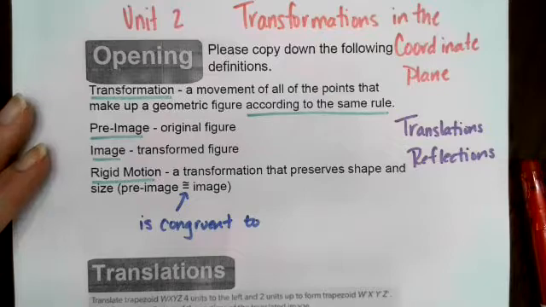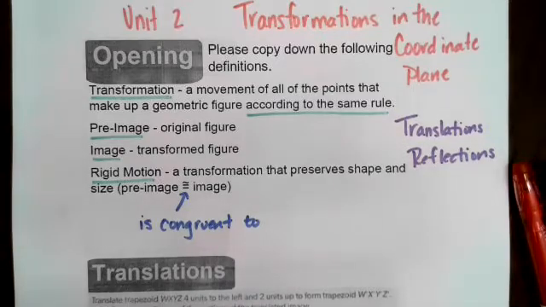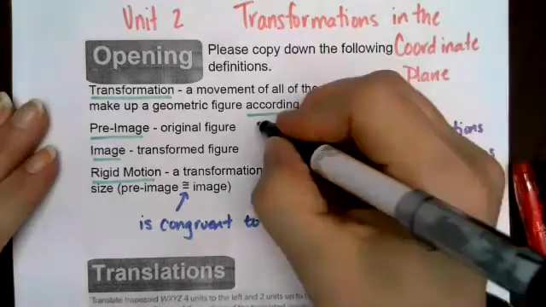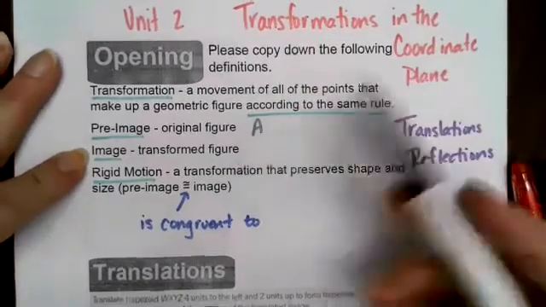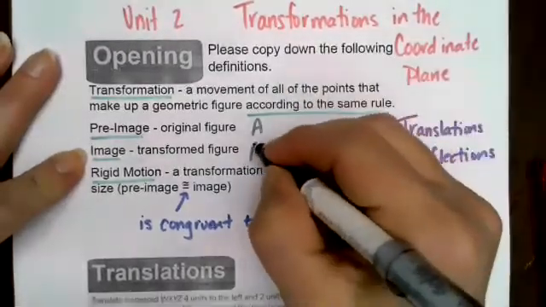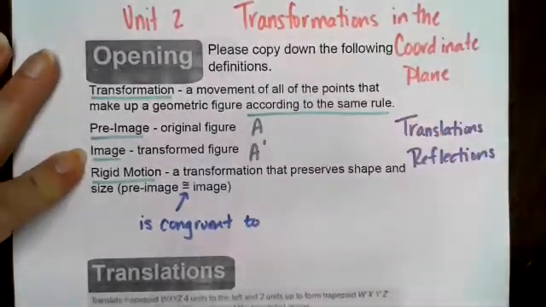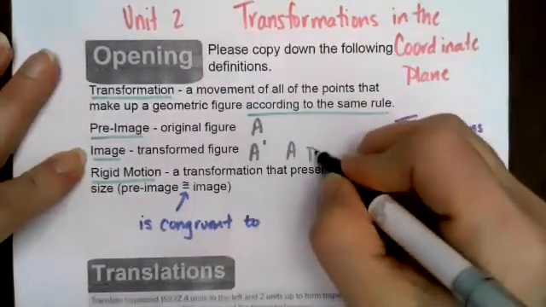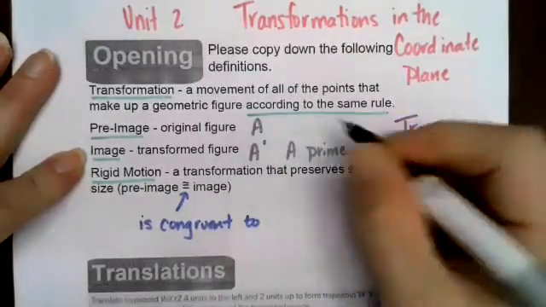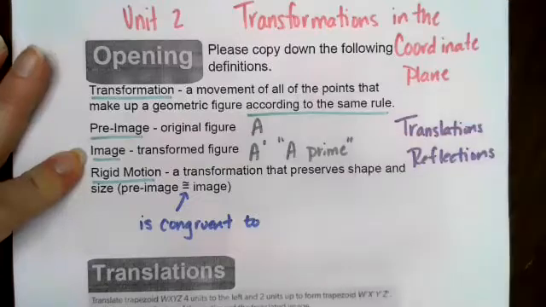So in geometry, we do a lot of notation. If I start with the pre-image point, I will call it A. When I move or transform it, I call it something different. I call it A prime. This apostrophe is prime, is how I would say that, A prime.